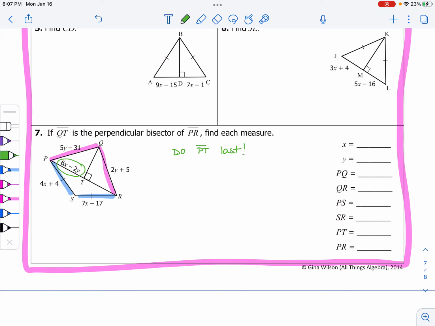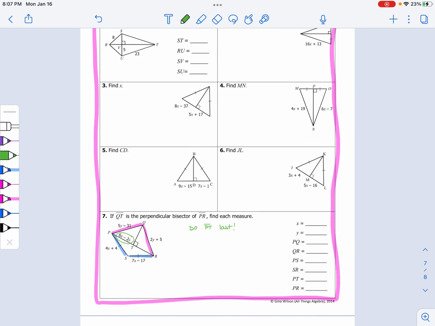You're going to need to solve for both X and Y before you can solve for PT. You guys should be able to do that, but it will take you a little bit of work.